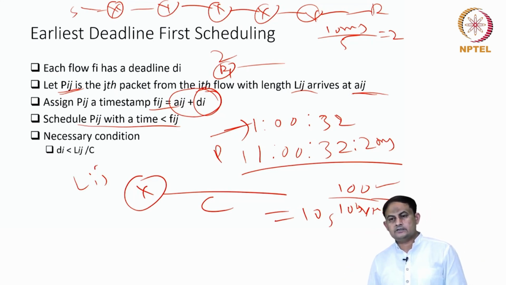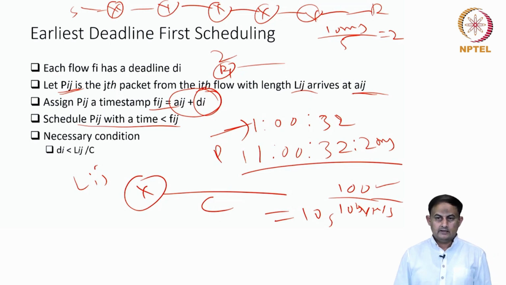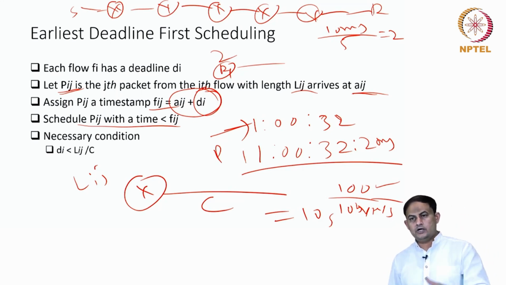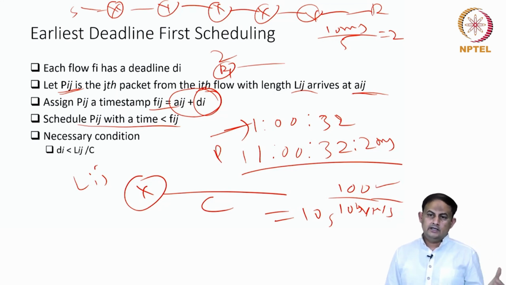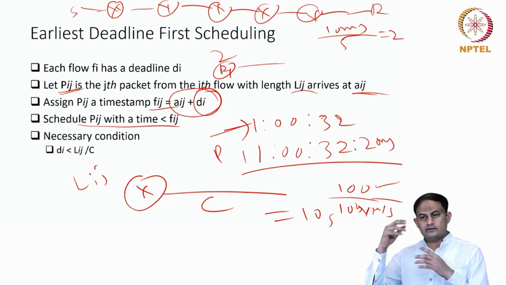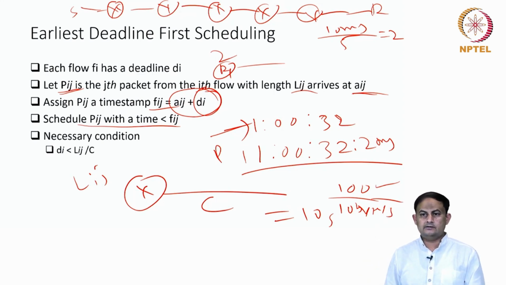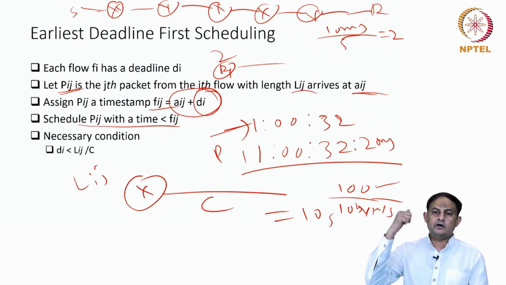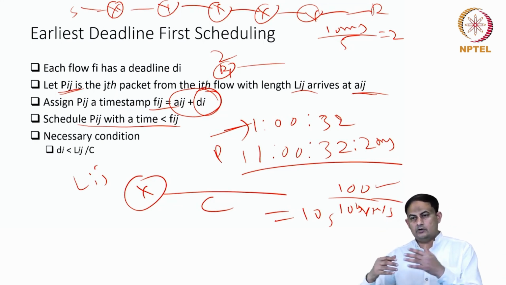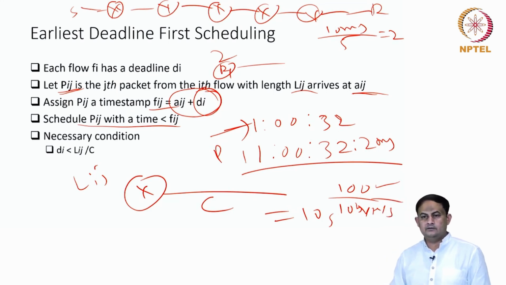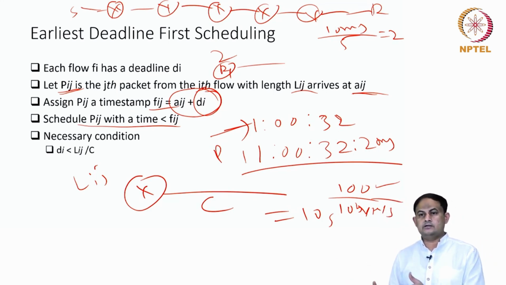If that is the situation, then we say that the scheduling is not feasible. A necessary condition for this kind of scheduling to work is that the deadline at an individual router for any packet needs to be bigger than the transmission time of that packet, going by how many bytes are in that packet and how much time it takes to transmit it.